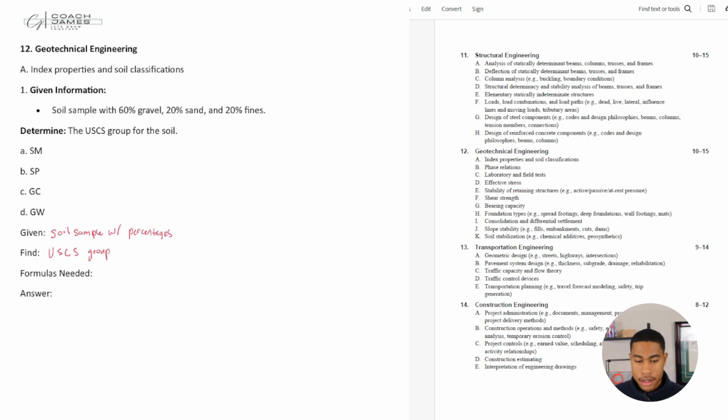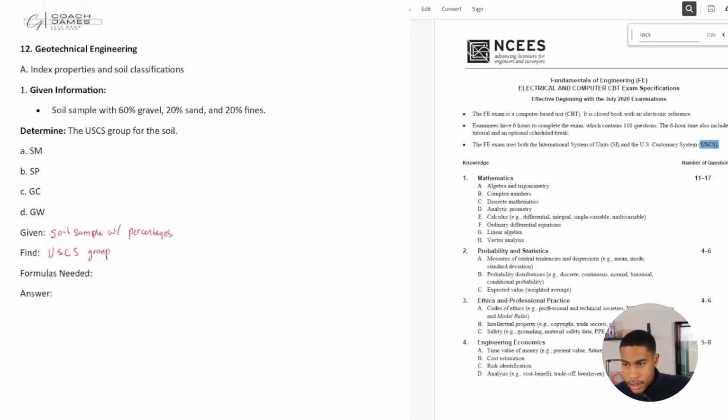Okay, so what formulas might I need for this? Well, if you don't know what the USCS group is, then that's where I would probably start my search. So I'm going to search USCS. Twenty things come up.